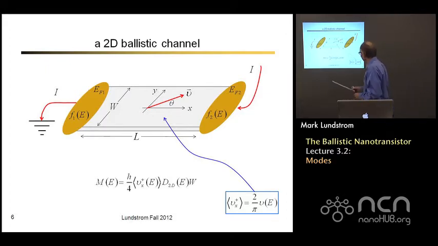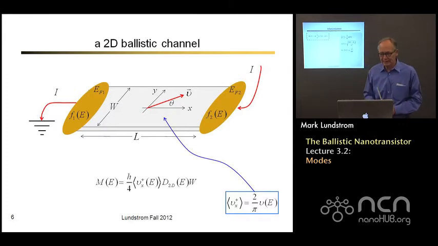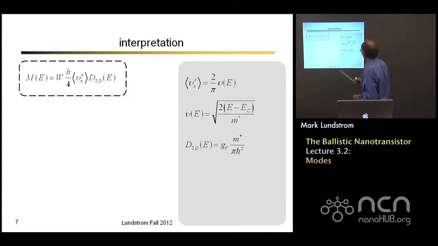Okay, let's use that and see if we can evaluate this quantity M and figure out what it is. So we have the average velocity in the direction of transport. If this is a material with a simple band structure, then 1/2 mv squared is equal to the kinetic energy, E, with respect to the bottom of the conduction band. So I know what the magnitude of the velocity is at that energy.